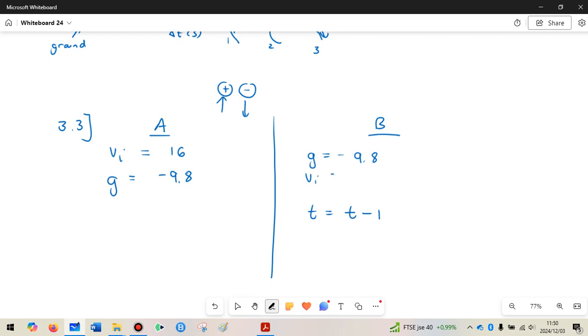Ball B's initial velocity was 9 meters per second, but it was thrown downwards, and we chose down as negative. And velocity is straightforward. If you're moving up, it's positive. If you're moving down, it's negative. Let's emphasize that and put a plus in front of A's velocity. Then this one we're going to make just t, because the time in the air is just t, and B was in the air for 1 second less than A. Now that's what we know at this point.